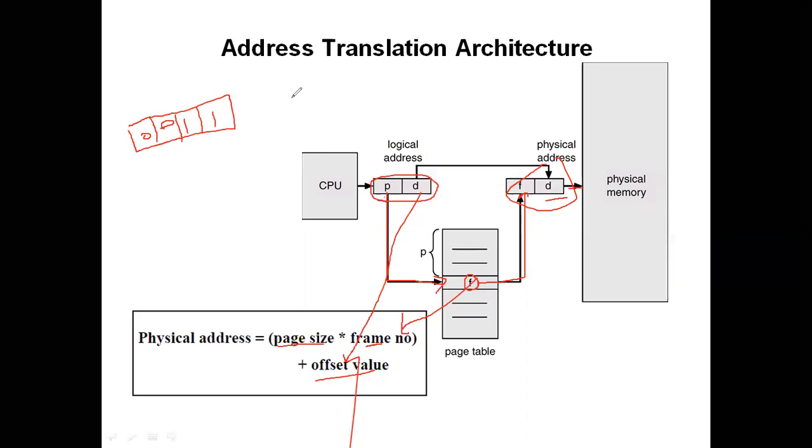And if I say the page size or the frame size is 4 bytes, that is 2 raised to power 2. So what happens? The higher order 2 bits will be used as the page number, and the lower order 2 bits will be used as the page offset.